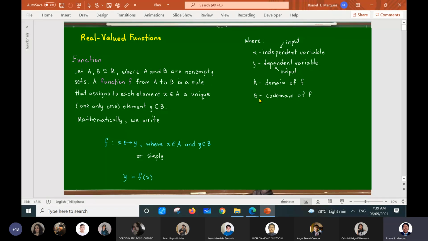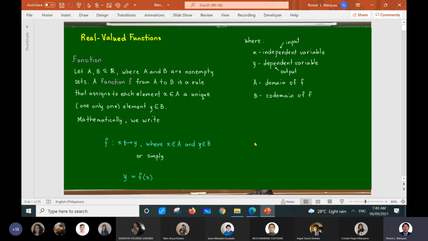Now, not all elements in the codomain will be matched with an element in the domain of f. Each element of the domain is assigned to just one element in the codomain, but there is a possibility that some elements of B are not taken by the values of the independent variable.